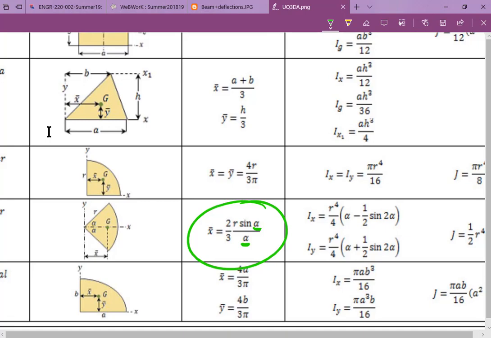Remember, I think it's only the sector equations where an angle measure shows up, but those have to be in radians. The numerator has sine of alpha, so if you put in the degree measure you'd end up with the right thing. But the denominator, you're just dividing by alpha, not sine of alpha or cosine of alpha, it's just alpha.